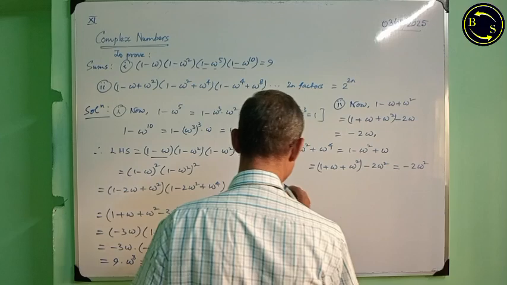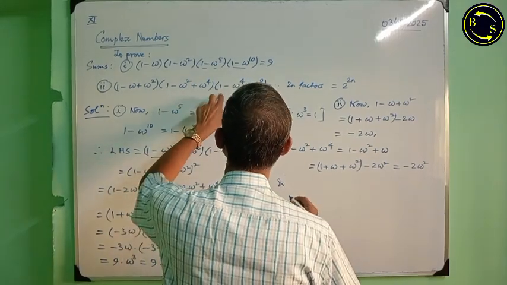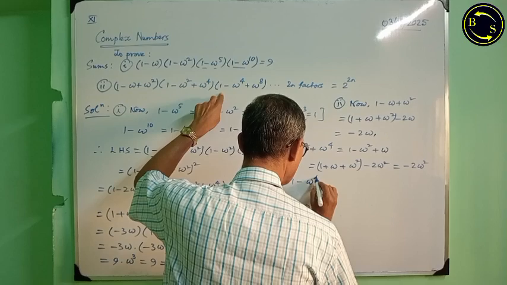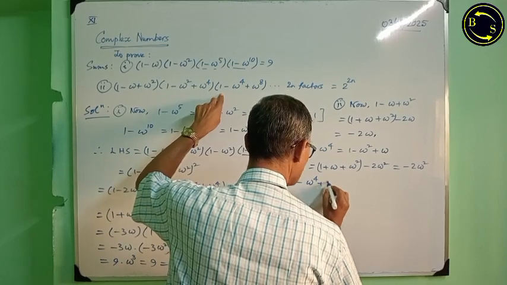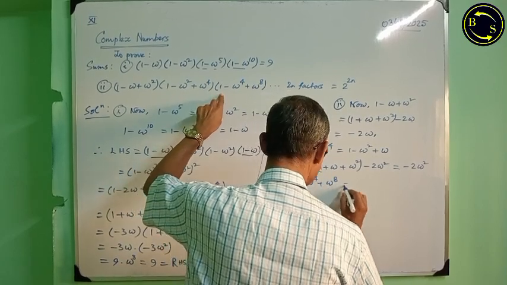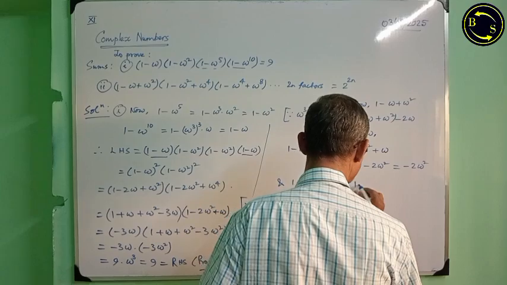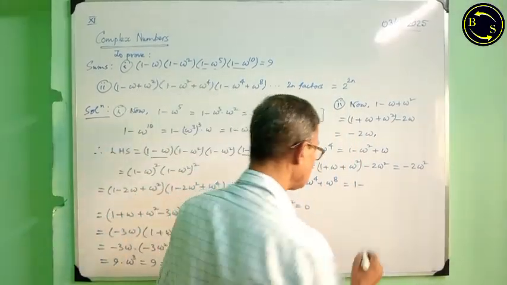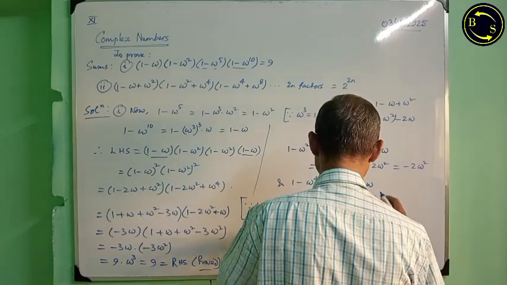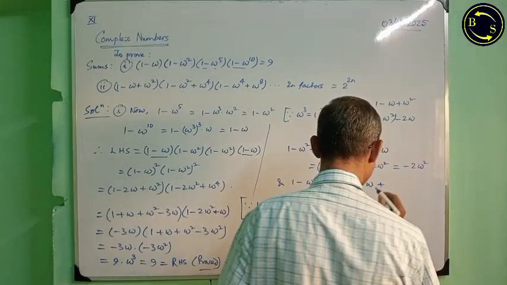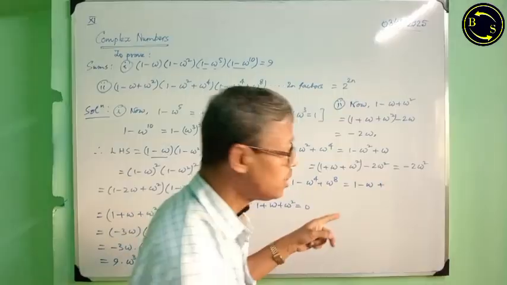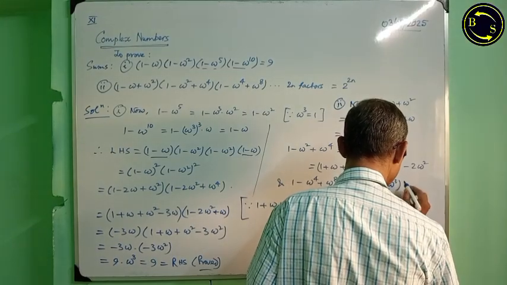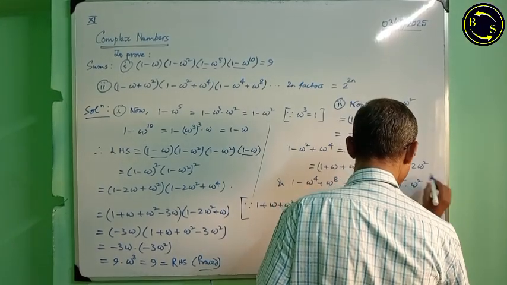Then I find the third one, 1 minus omega to the power 4 plus omega to the power 8, that is equal to 1 minus omega to the power 4 means omega cube into omega, therefore this will be omega, plus omega to the power 8, that can be written as omega cube whole square into omega square.